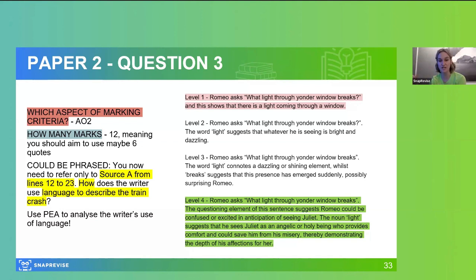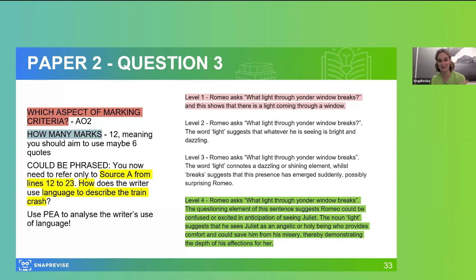However, when you move on to level 3, using the same quote, the word light connotes a dazzling or shining element, whilst breaks suggests that this presence has emerged suddenly, possibly surprising Romeo. So yeah, that's better. You've started to analyze more aspects of the one quote, and you're talking about what that tells you about the character. And then a level 4 answer with the same quote.